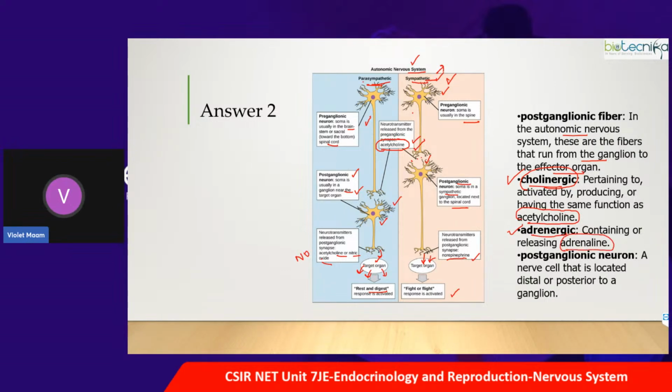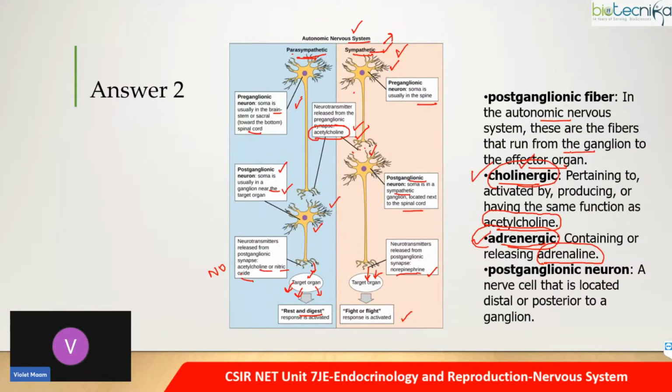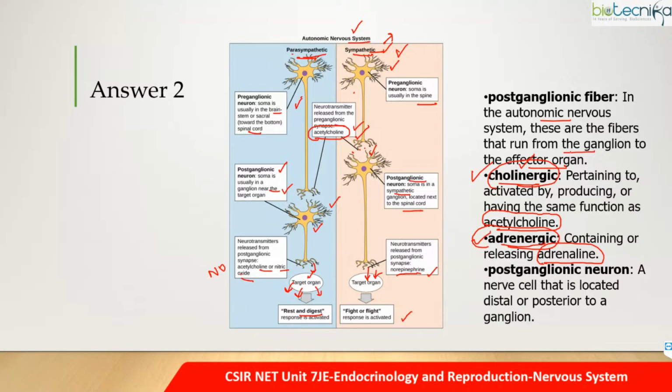Wherever the neurons are releasing acetylcholine, we'll say they are cholinergic. If adrenaline, that is, epinephrine, we'll call them adrenergic. Is it clear till here? This diagram is clear? You need to memorize the names of the neurotransmitters a little bit, then it becomes easier.